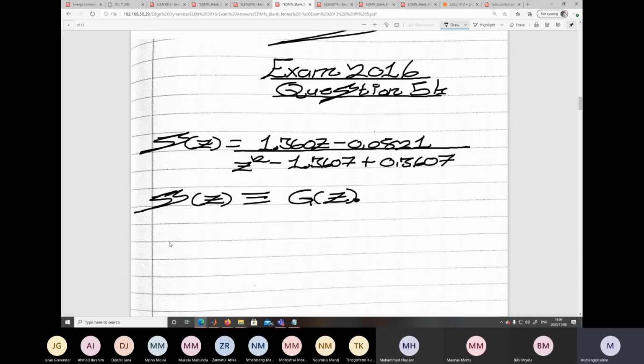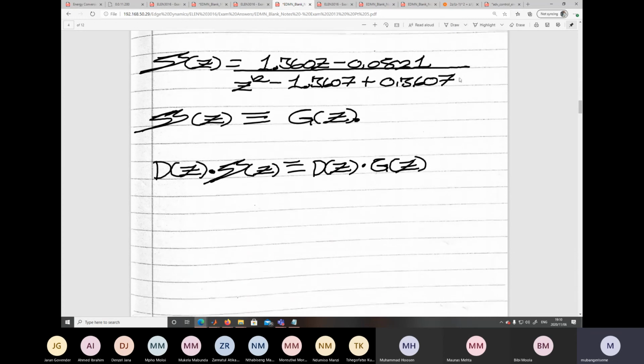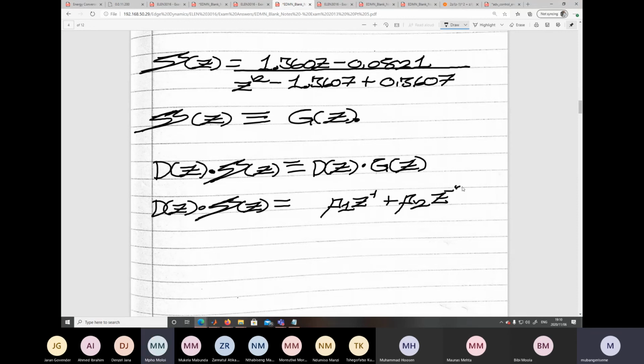Now, with Kalman's optimum response, you have something special that takes place when you say D of Z multiplied by insignia Z, or if you prefer, D of Z multiplied by G of Z. What ends up happening is D of Z insignia of Z is completely characterized by this over here, P. This is a really key result, guys, because this results in you ultimately obtaining that FIR response.